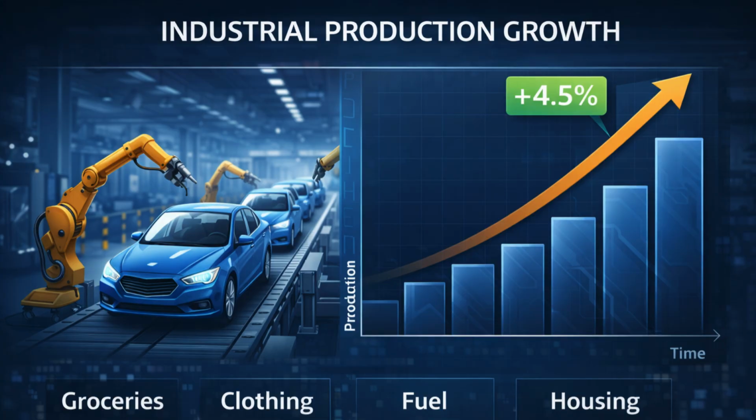While price indices measure price changes, quantity index numbers measure changes in production or consumption levels. For example, if a factory produced 1000 cars in 2020 and 1500 cars in 2025, we can calculate a quantity index. Quantity index equals current quantity divided by base quantity, multiplied by 100.